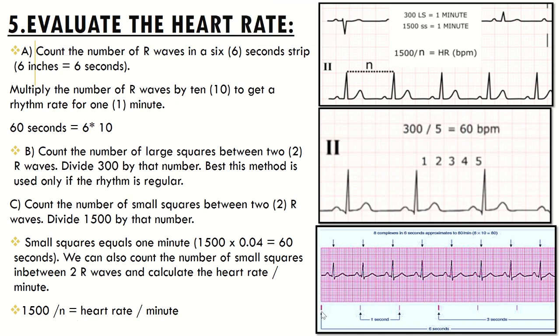Here it takes about 1 second, 2 second, 3 second, 4 second, 5 second, 6 seconds. Here, for your understanding, it is being given. Otherwise one mark will be here and the other at the 6 second point. That is a 6 second strip. It will be very useful to calculate the heart rate.